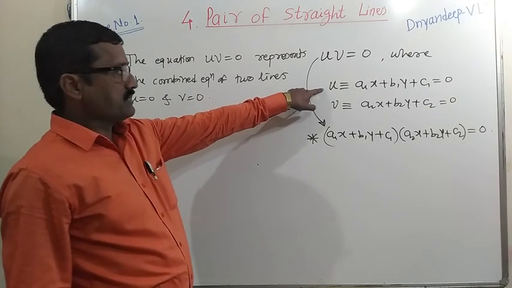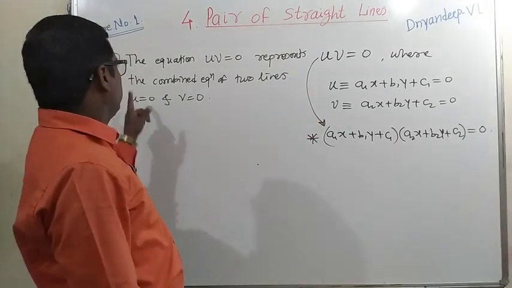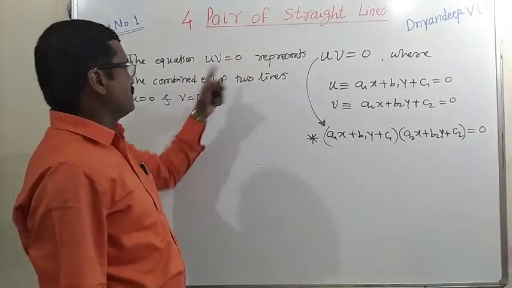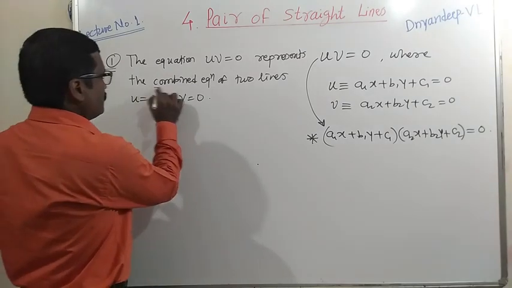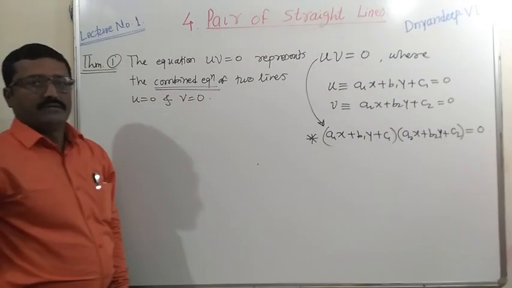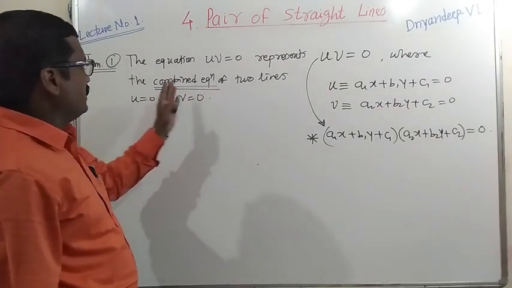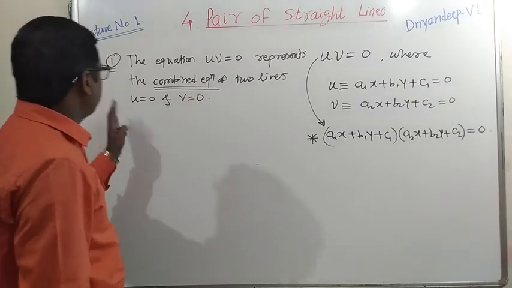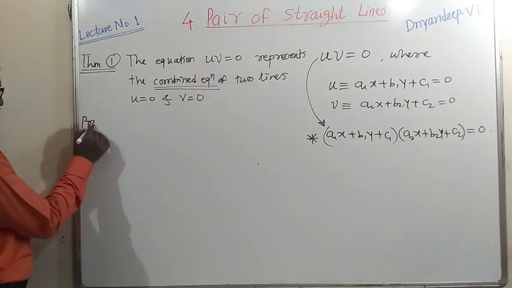This u equal to 0 is the first line, v equal to 0 is the second line, and this equation uv equal to 0 represents the combined equation. The word combined equation is used here. The combined equation of two lines, that we have to prove here. Let us see the proof of this theorem.